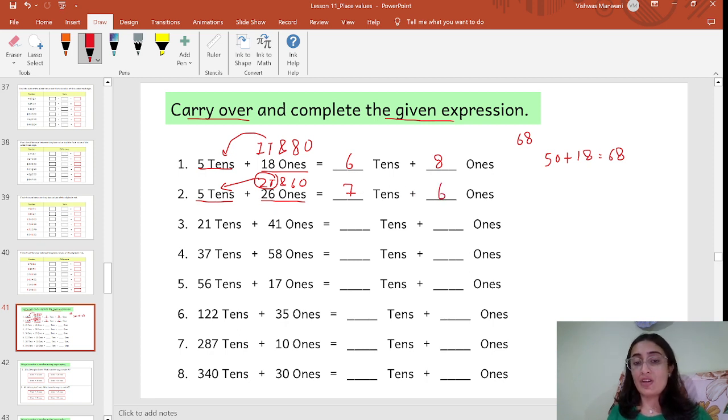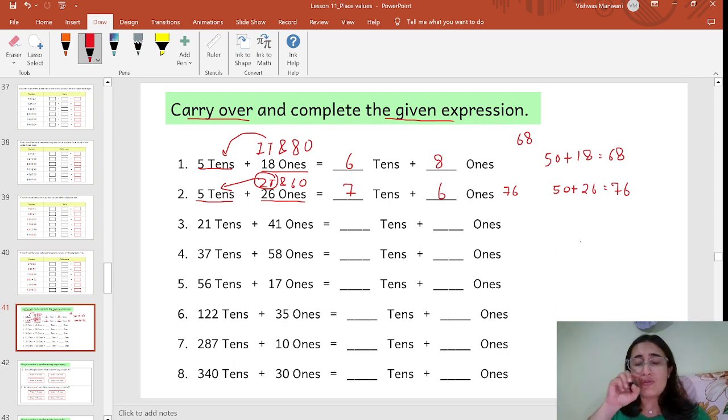Again, if you check here, both the arrangements will give you the same number only. These are just two different ways of representing that number. See, 7 tens plus 6 ones would give me the number as 76, and similarly 5 tens, which is equal to 50, plus 26 ones, which is equal to 26, would have again given me the number as 76 only.